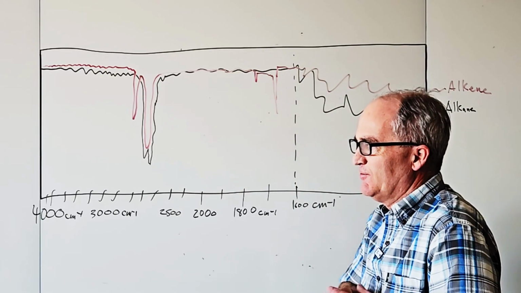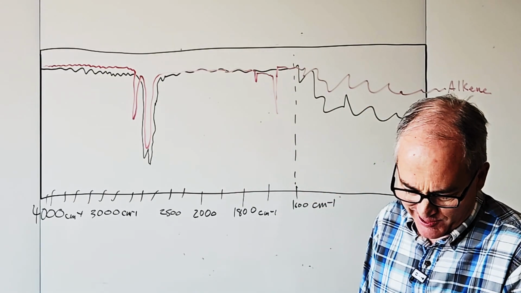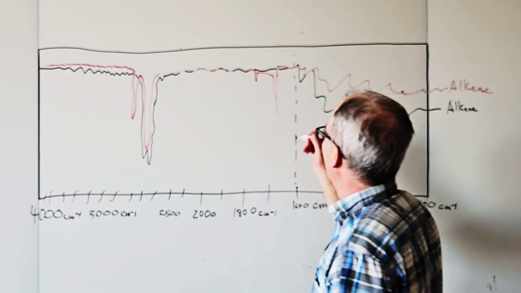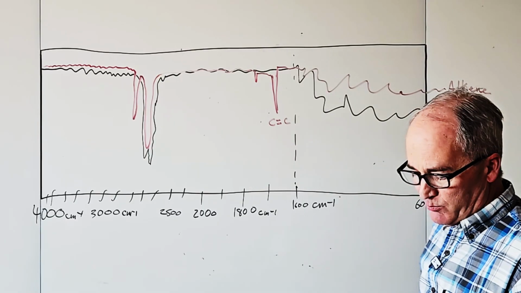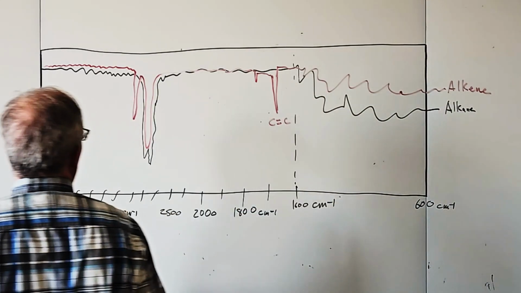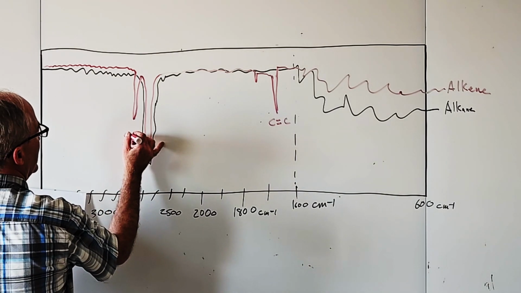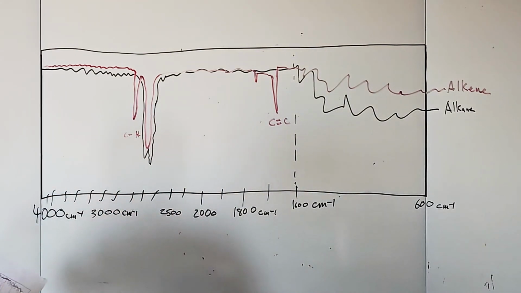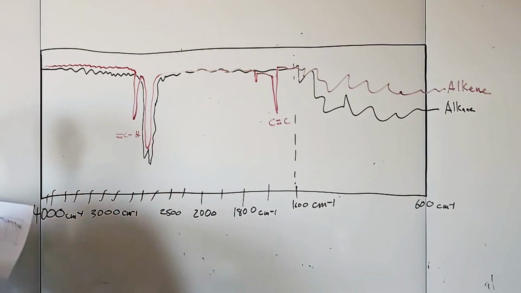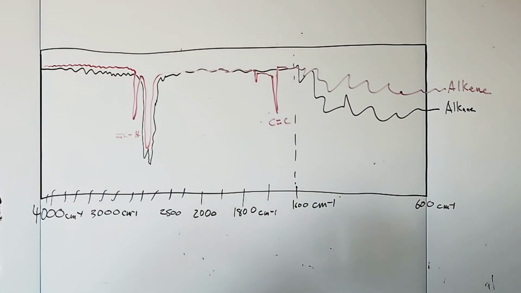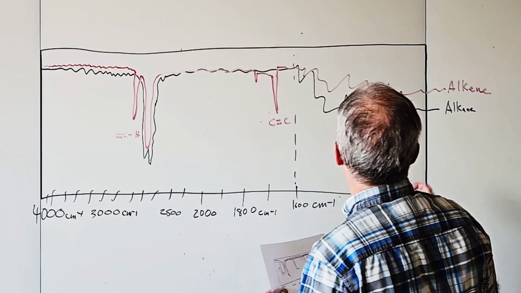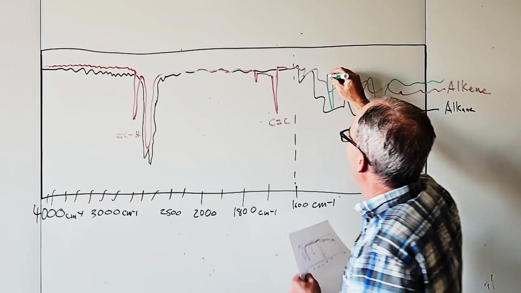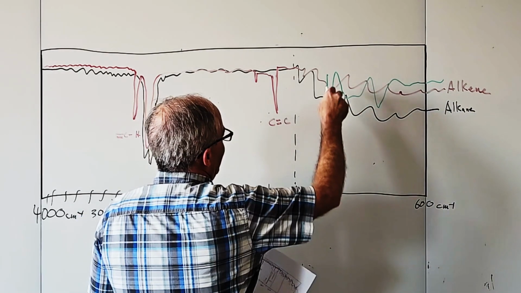There's an alkene. Too bad my red is so horrible. That's the carbon-carbon double bond. And right here is if we have a terminal alkene. Maybe I should have used orange. And all these peaks over here, we don't hunt around on the stretching table.